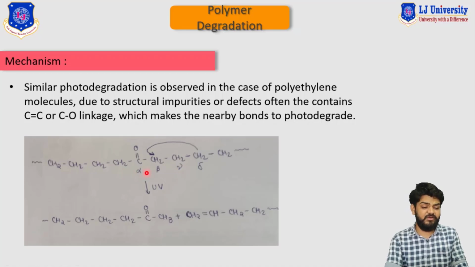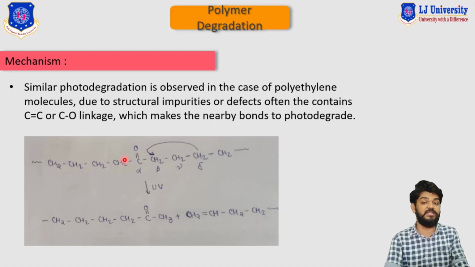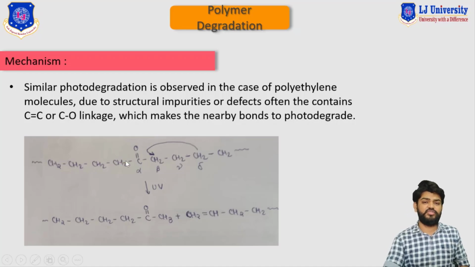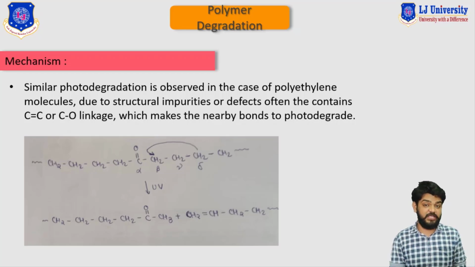But you can see here we have one C double bond O, and this C double bond O is only present because of the impurities in the polyethylene. These impurities can come from the production method, or they can represent a defective polyethylene molecule.